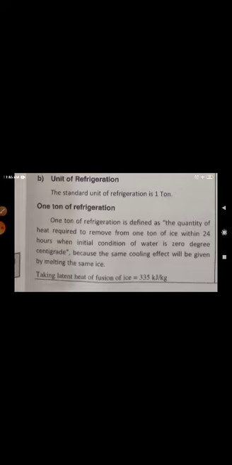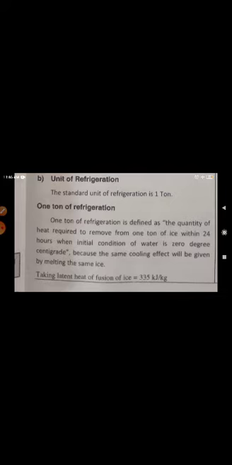Or I am telling you simply that the energy required to convert water at 0 degree Celsius to ice at 0 degree Celsius within 24 hours is called 1 ton of refrigeration.